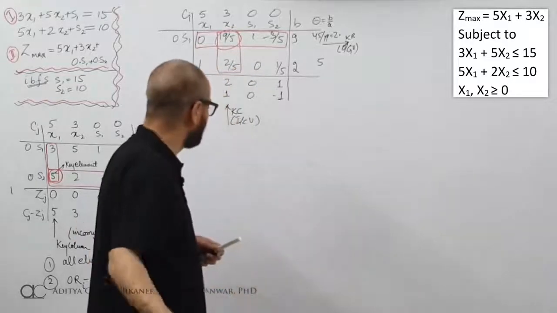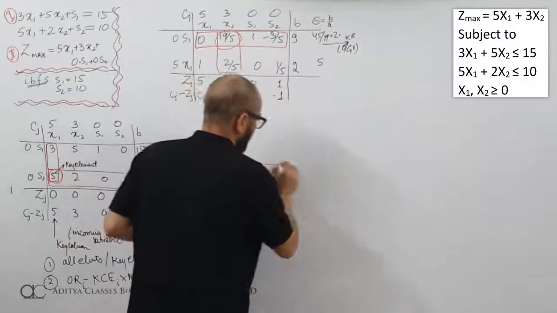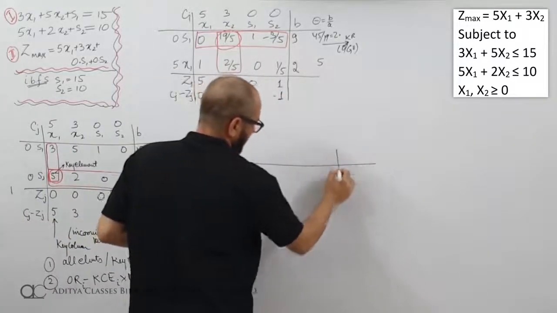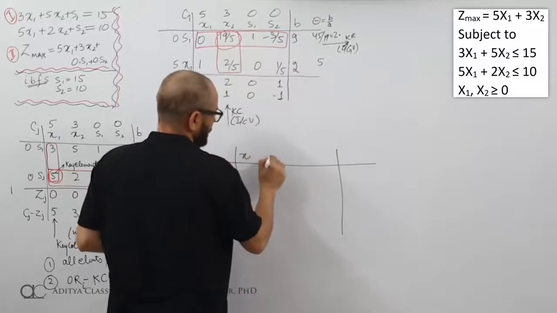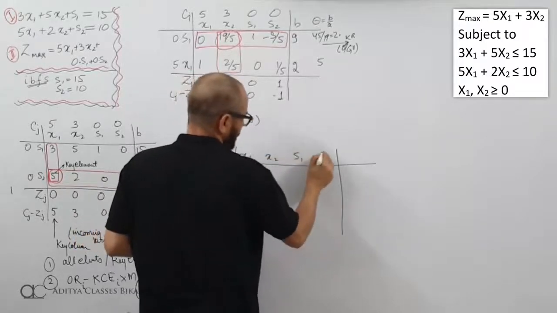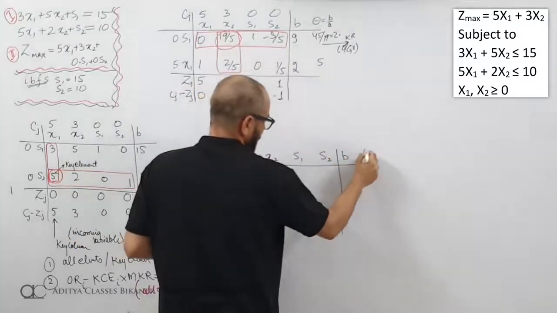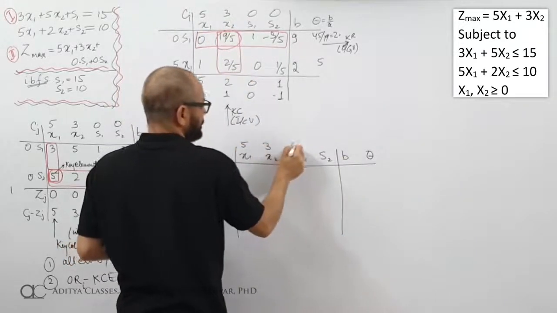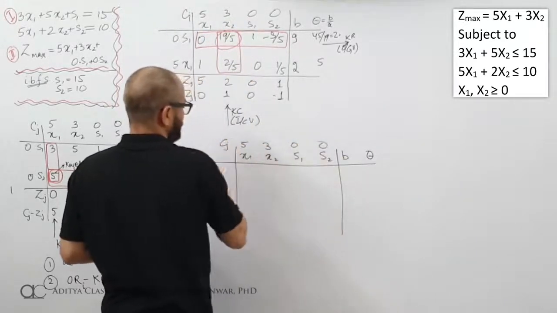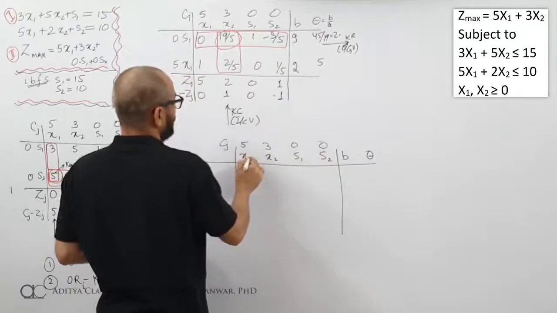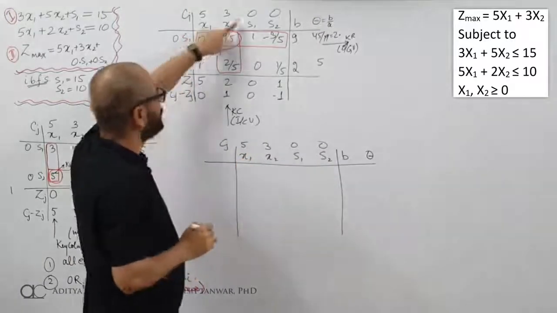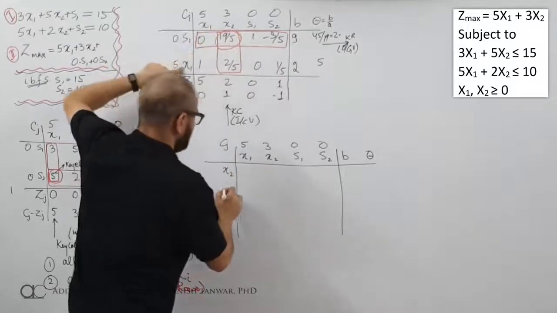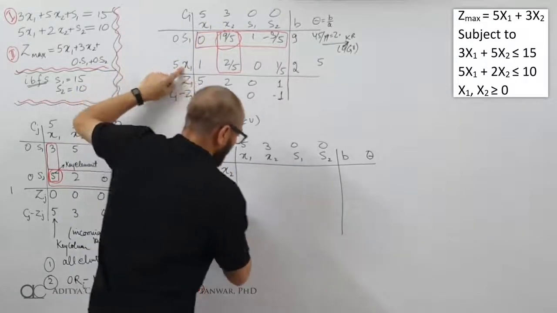Let me make my next matrix. We have x1, x2, s1, s2, b and theta with respective contributions of 5, 3, 0 and 0. Now s1 is being kicked out by x2. So I get an x2 over here, x1 is still sitting over there pretty well.